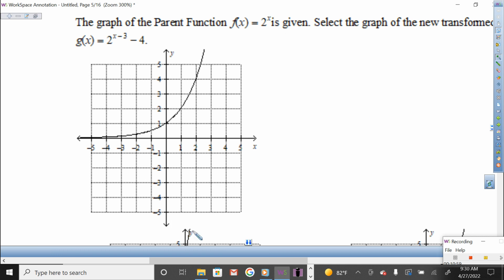So they give us the parent function here. So what are my 3 points that I use? (0, 1), (1, 2), and (2, 4). I'm going to use those 3 points so I can move them around according to the new transformation, yes? So look at the new transformation that they want us to do. Tell your neighbor where we're going to move those 3 points to.